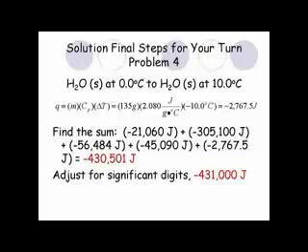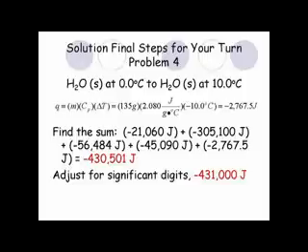We've got all 5 steps taken care of, so what we want to do is find the sum of those steps. Now, very important as you add these that you remember to put the negative sign in front of each of these values because heat has been removed in each step. So we'll add our negative 21,060 joules plus negative 305,100 joules plus negative 56,484 joules plus negative 45,090 joules plus negative 2,767.5 joules.